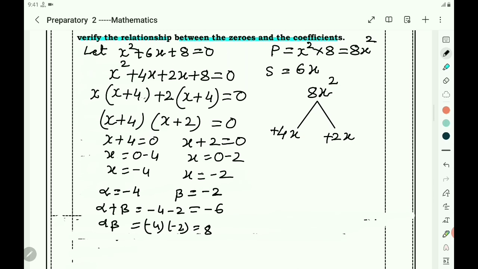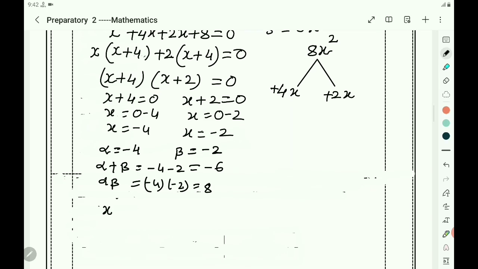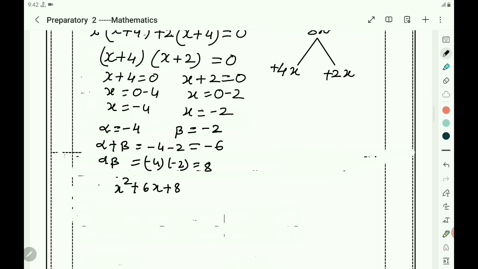Then if you take the coefficients, write the polynomial once again: x square plus 6x plus 8. A equals coefficient of x square, that is 1. B is the coefficient of x, 6.